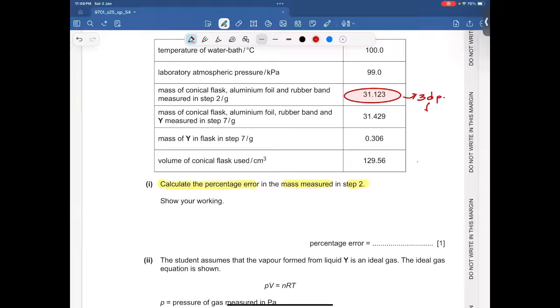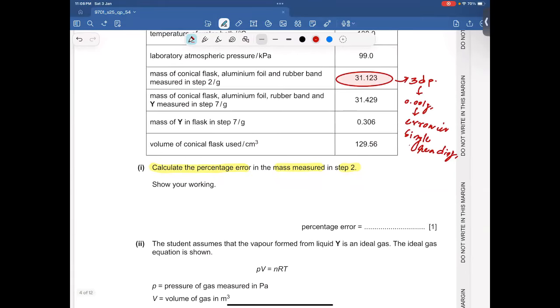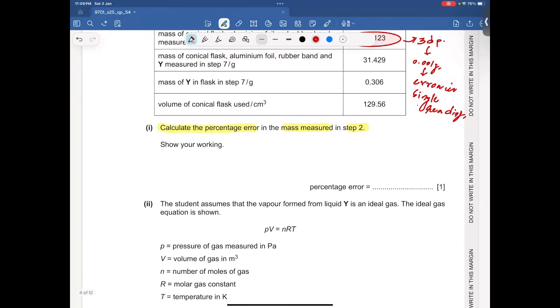The error for a single reading in a 3 decimal place balance is 0.001 gram. Error in single reading. So the examiner is looking for the percentage error, and we need to show the working.